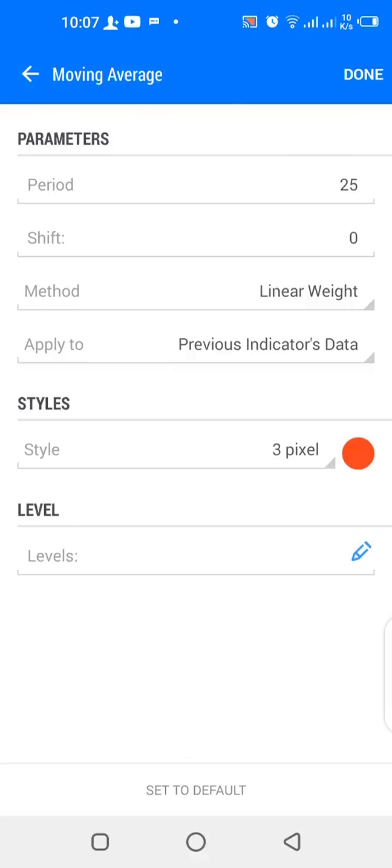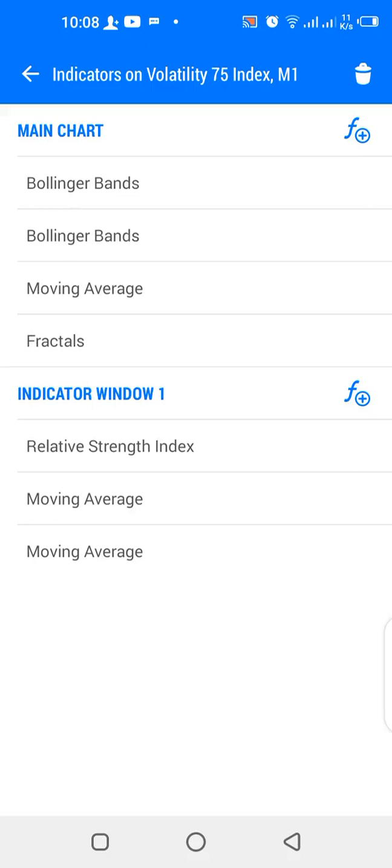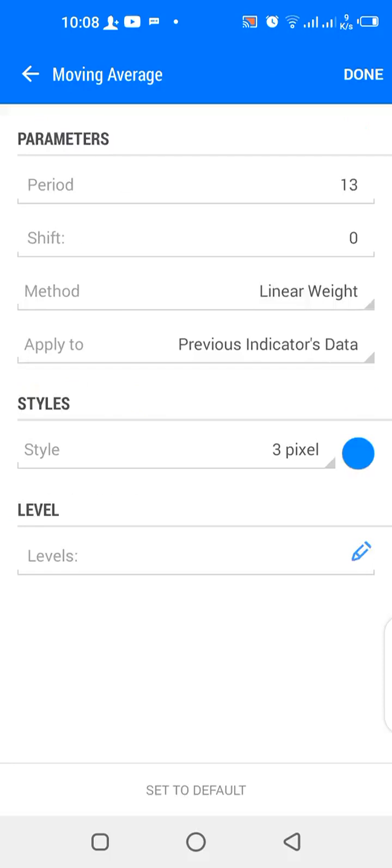The period is 25, shift is 0, method is linear weighted, apply to previous indicator's data, and the color is red. And finally on indicator window 1 we have another moving average, period is 13, method is linear weighted, apply to previous indicator's data, and the color is blue.